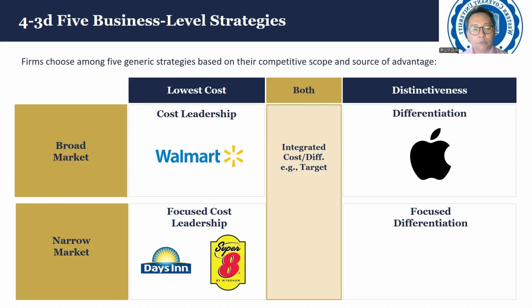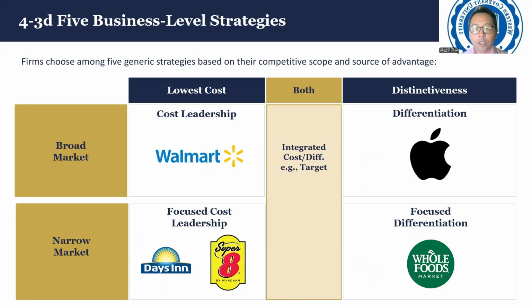Now let's move to focused differentiation. Whole Foods Market is a good example of focused differentiation because it targets a narrower group of health-conscious and quality-focused customers, not a broad market like Walmart, right? At the same time, Whole Foods focuses on organic foods, natural products, premium grocery quality, and a healthier shopping experience.